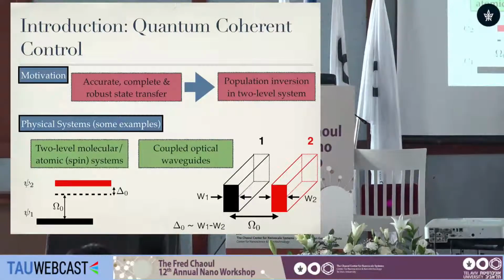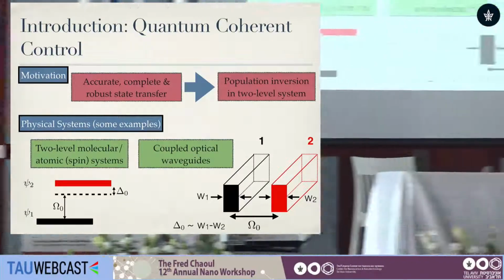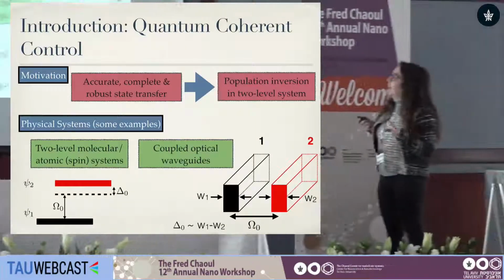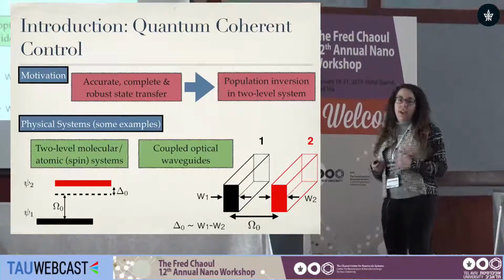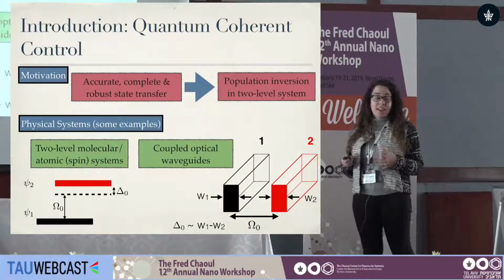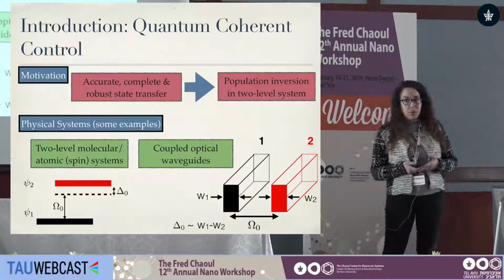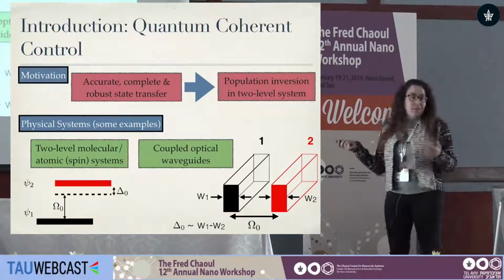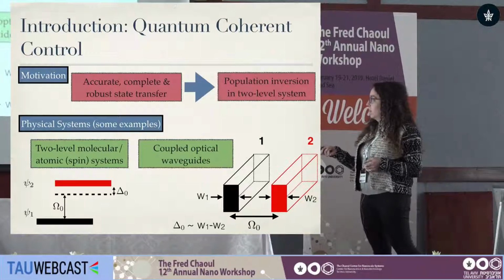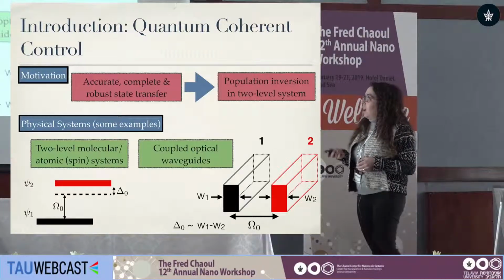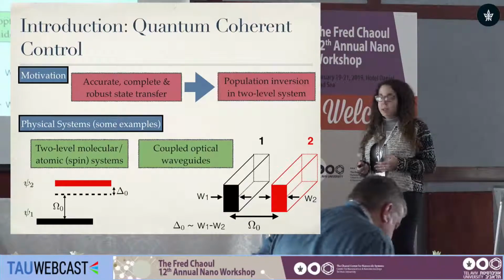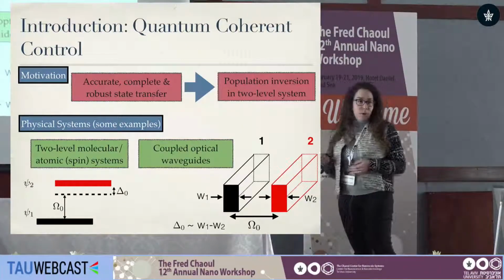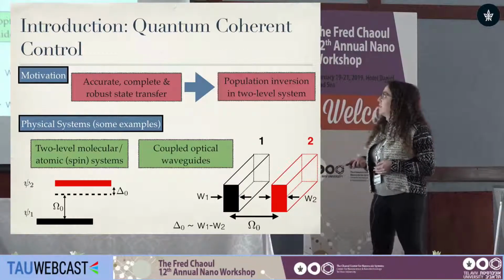Okay. So quantum coherent control is a very general field which studies how to achieve accurate and robust state transfer in two or multi-level systems. Let's say if I have a two-level system, as you can see right over here, it can be atomic, molecular, it can be a spin system, or as I will show you in a few slides, it could be a coupled waveguide system.